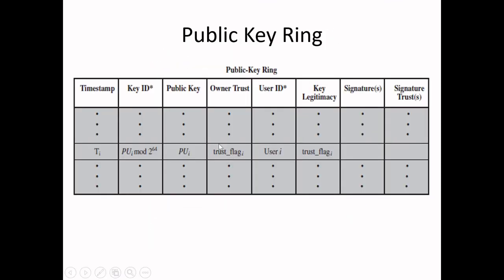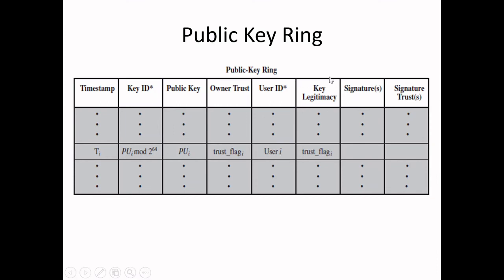Corresponding to a public key, the owner will assign a trust flag. Then we have the signatures collected by the owner from entries made by other users, and a value is associated with that also. For every signature, a trust value like complete or unknown, or multiple different values, can be associated with this.